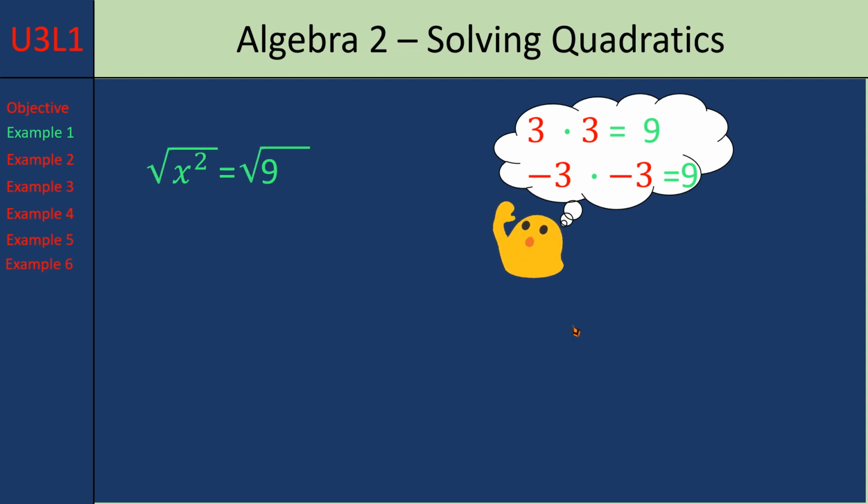So you write the square root on both sides. The square root of x squared is just x, and the square root of 9 is positive 3 and negative 3. That's why we have the positive and negative sign in front of 3, showing that there are two numbers here.